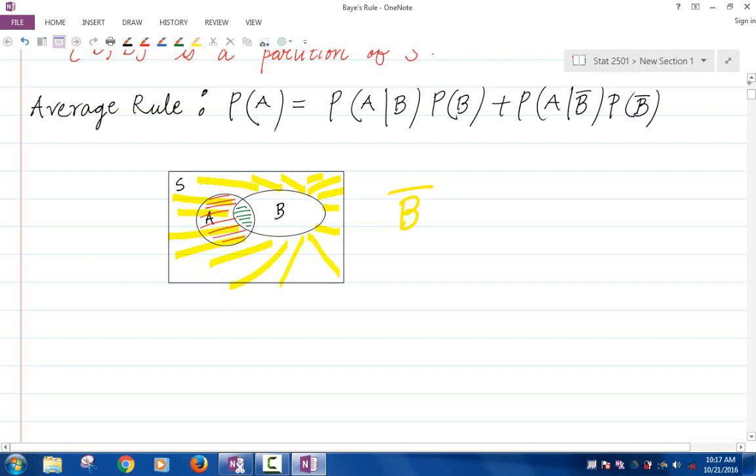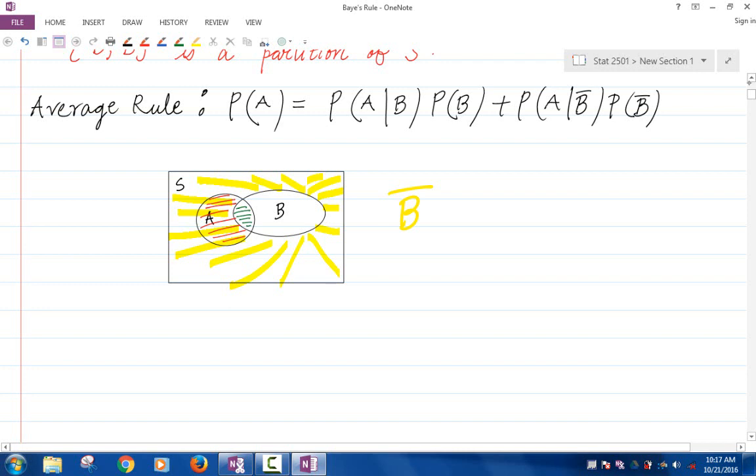So the right-hand side can be interpreted as a weighted average of the conditional probabilities of A with respect to B and B complement, where the weights are given by the probabilities of the conditions. Right?